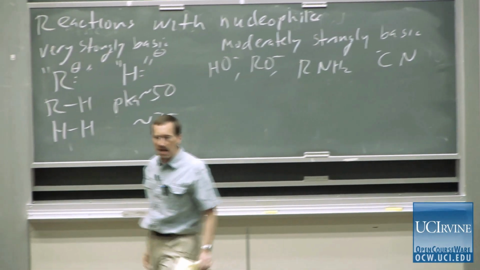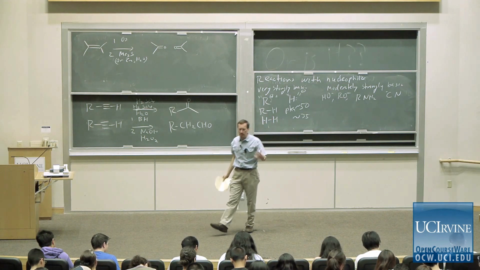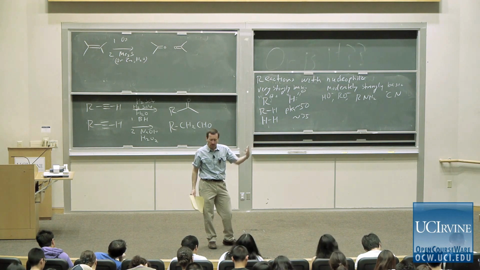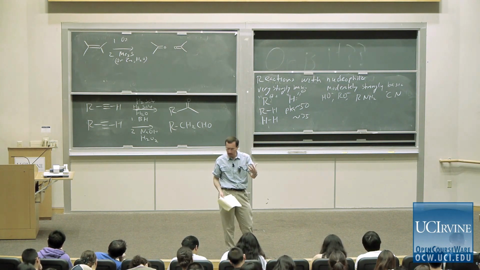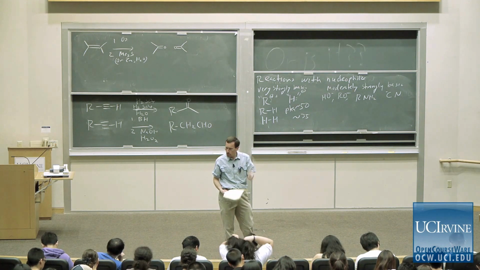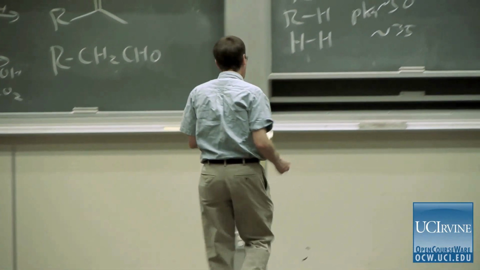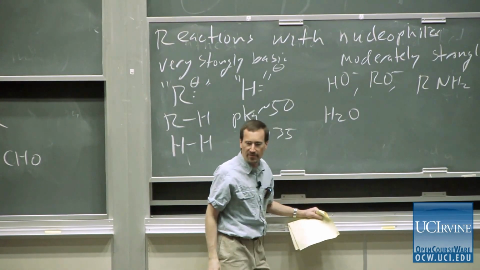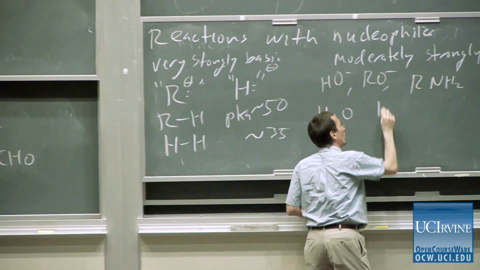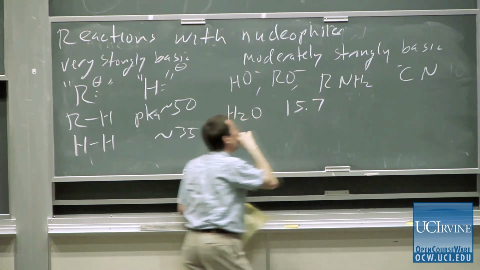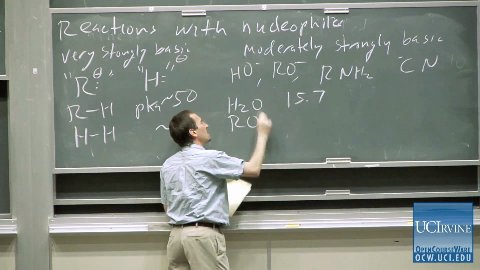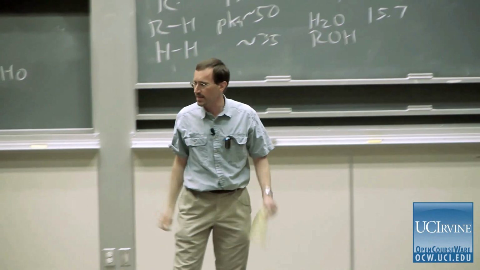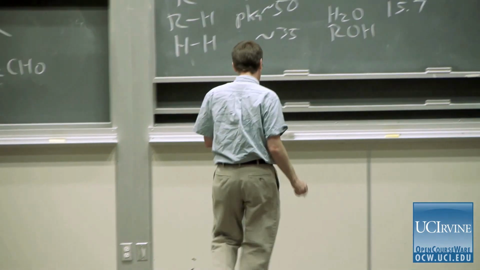Now, all of the conjugate acids here fall in the realm of what you would typically call a weak acid. They're things that you would think of as being a little bit acidic, but not strongly acidic. The conjugate acid of hydroxide, of course, is water. The pKa of water is 15.7. The conjugate acid of alcohols is just about the same, maybe a hair weaker, depending on the alcohol, about 16 to 17.